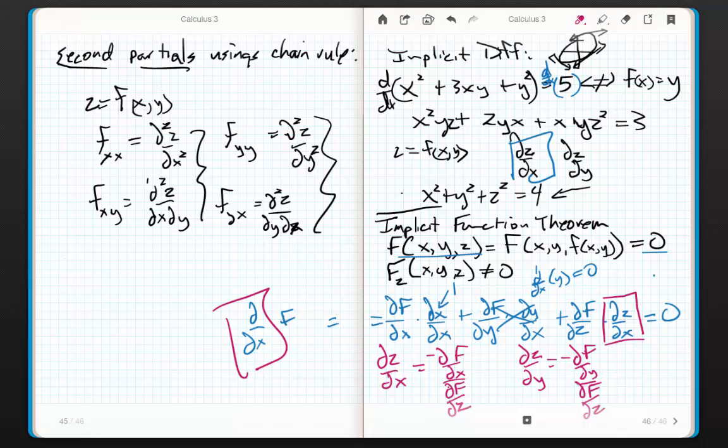And I have everything I need because of the equation of the tangent plane. Now, I realize this is a lot less intuitive than this guy was, right? This was pretty intuitive. Everything fell out. Poof, you ended up with the dy over dx. Well, this one, you're just going to have to memorize these formulas or put them on your formula sheet.